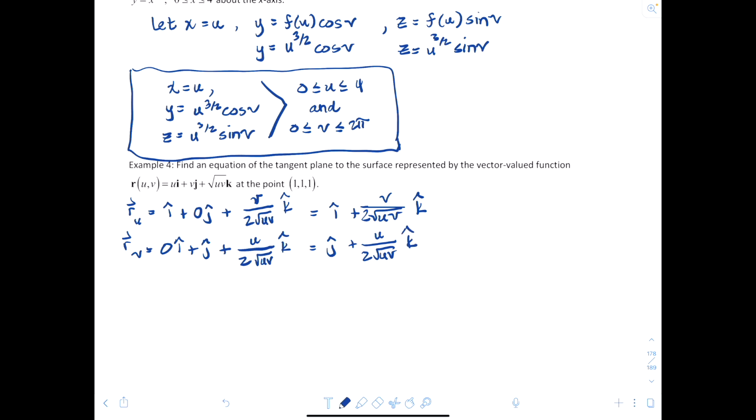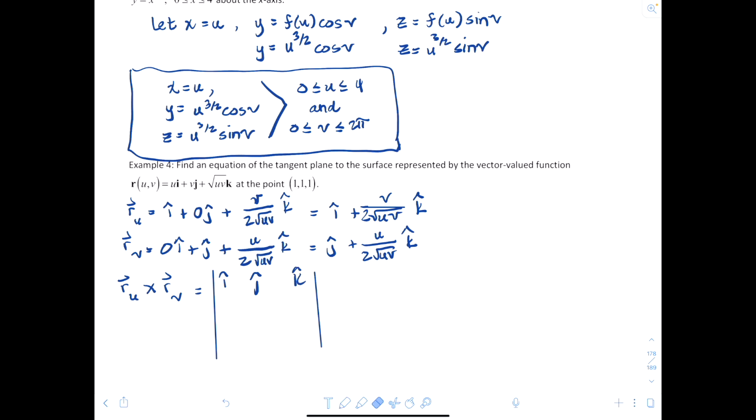Groovy? Awesome. Now, how do we find the equation of the tangent plane? I mean, what do we do? Beautiful. You find the cross product. So if we find the cross product of these first partials, that's going to be the determinant of i, j, k.